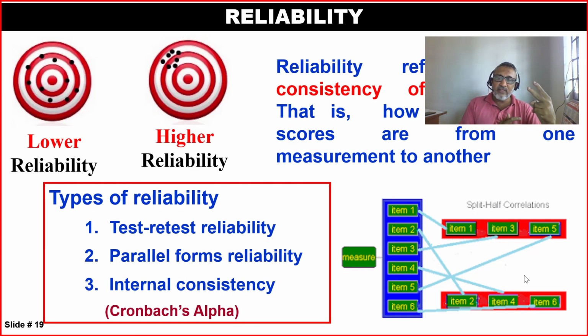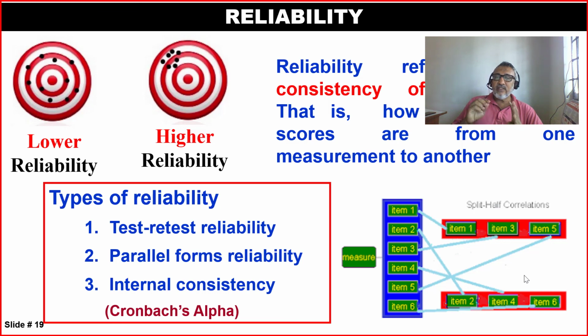Now we have two tests for the population. Now you have to compare the scores obtained by a particular student in these two tests. That means we should correlate the scores of all students with respect to the two halves of the test. And if the scores are the same, we have what is known as internal consistency.